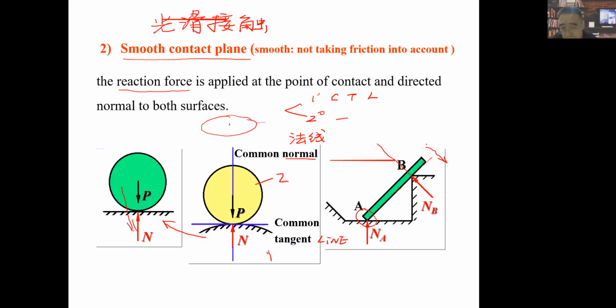If you try to move along this because of the gravitational force, okay, here I will give you a reaction force to prevent that from happening, right? That's why it has this kind of reaction force. That's why it's along this direction. You know, that's very important. I hope you guys can totally understand that, right? This is second.